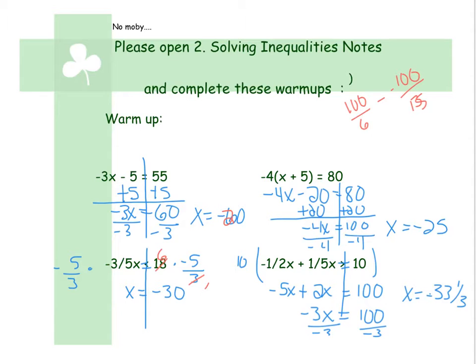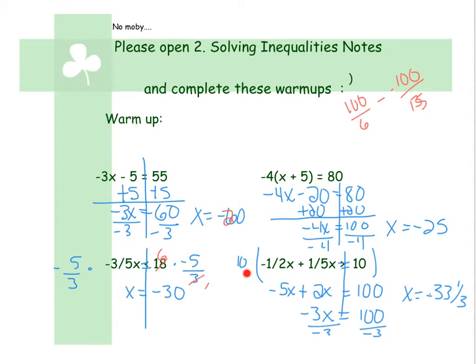All right, lastly, when you have fractions in your problem that are not like denominators, it might be beneficial to multiply by something that clears the fractions. So 2 and 5 have a common denominator of 10. So I multiplied every single thing by 10.